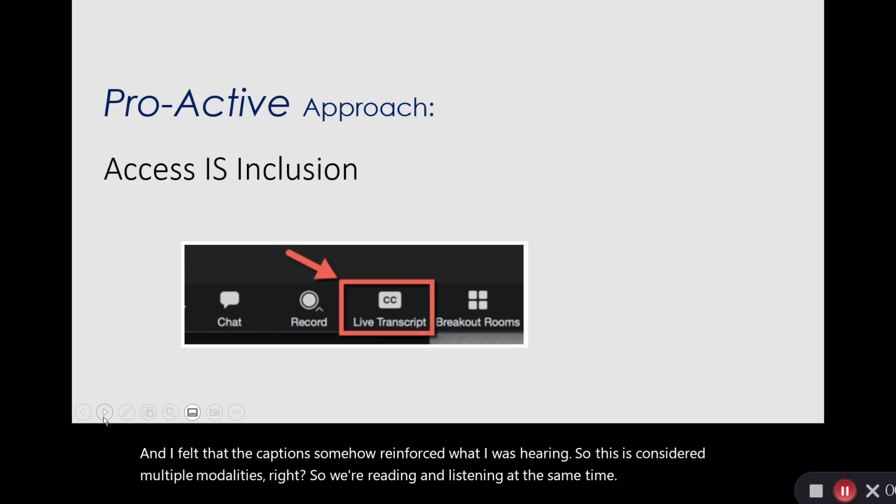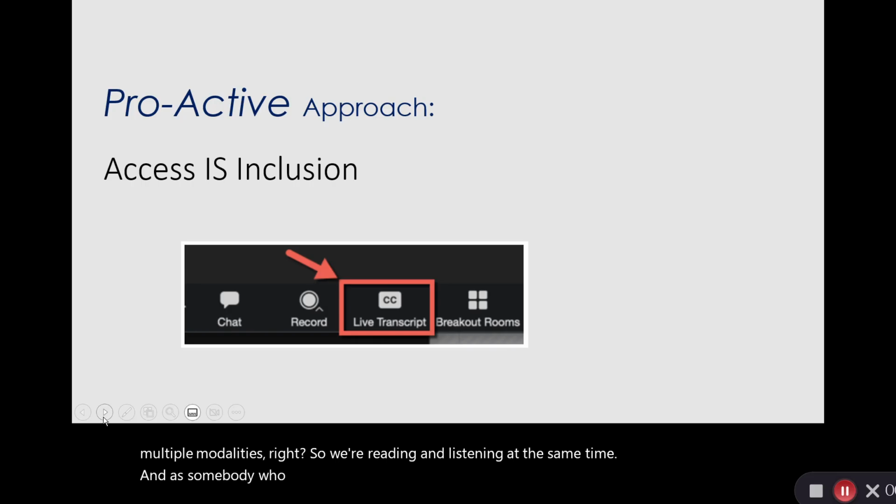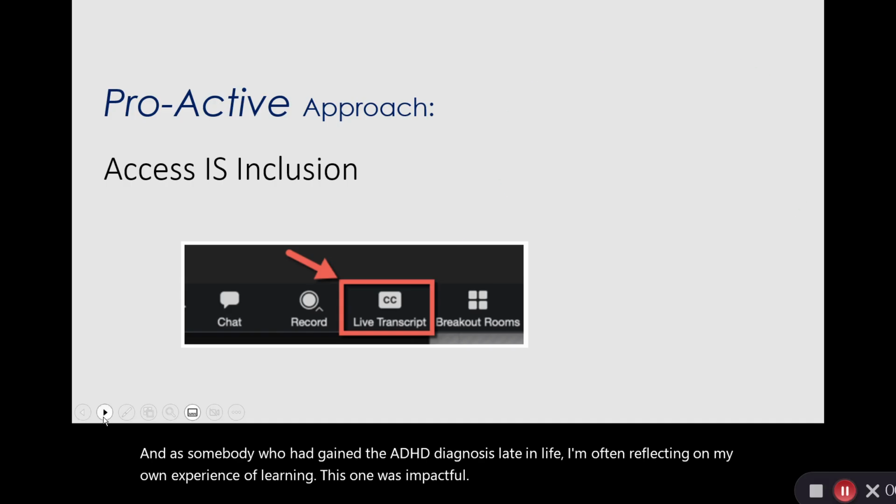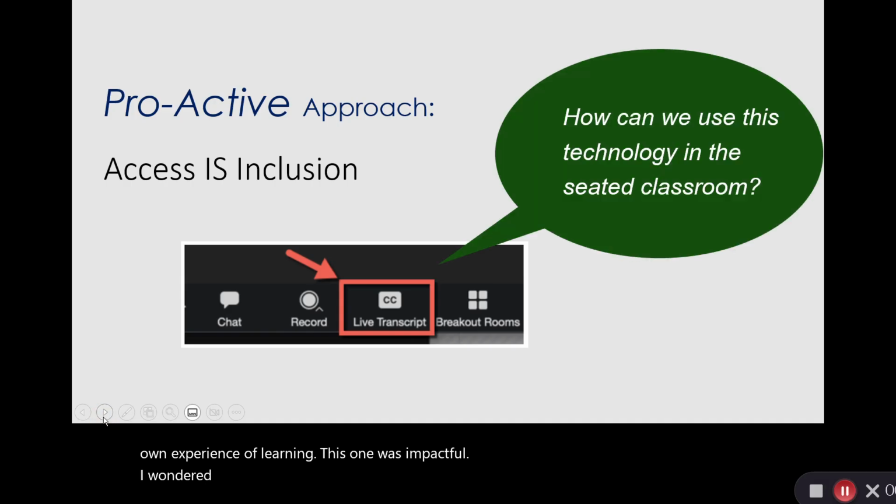And as somebody who gained the ADHD diagnosis late in life, I'm often reflecting on my own experience of learning. This one was impactful. I wondered if, when we returned to the seated classroom, whether live captioning would be helpful.